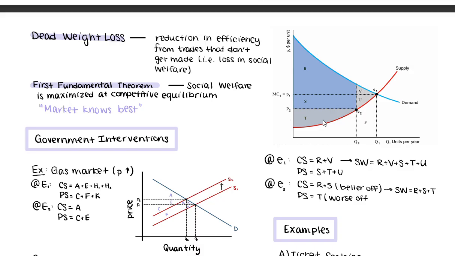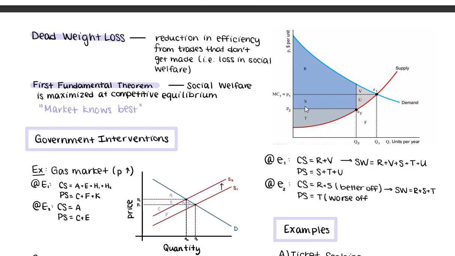Let me check this chart. First, we have marginal cost equal to price. It's this line, and we can know the consumer surplus is R plus S plus V, and the producer surplus is T plus U. So the total social welfare is this area.